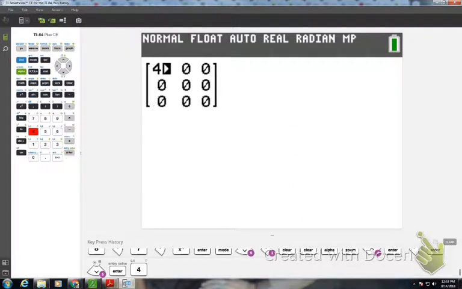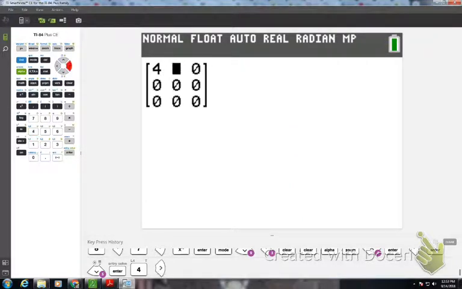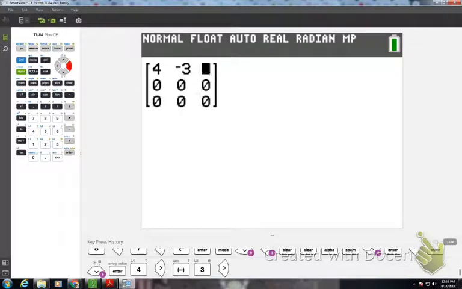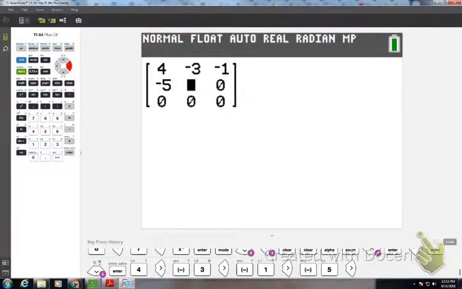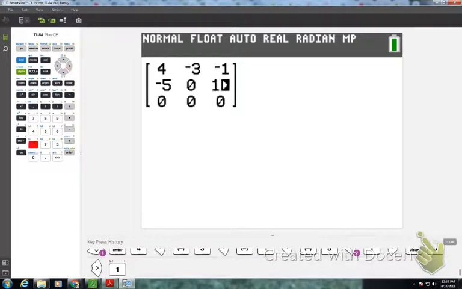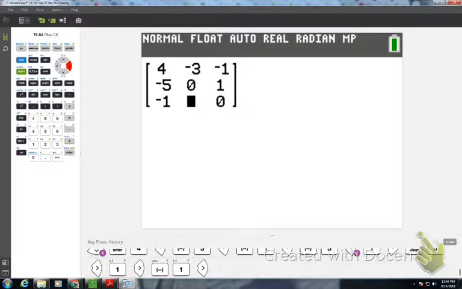So we have 4, -3, -1, -5, 0, 1, and then the last row is -1, -5, 2.